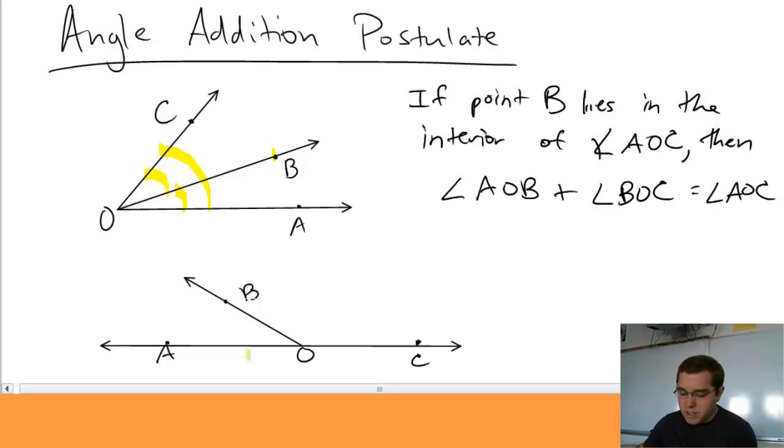Also, in the angle addition postulate, following from this first statement, we can make a statement specifically about straight angles. Where a straight angle is an angle with a measure of 180 degrees.